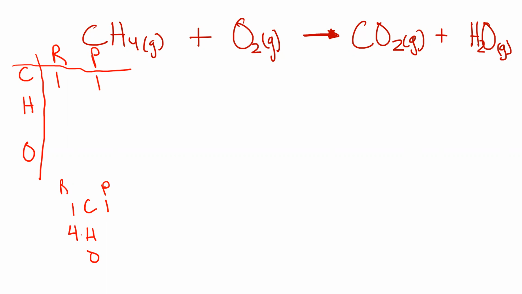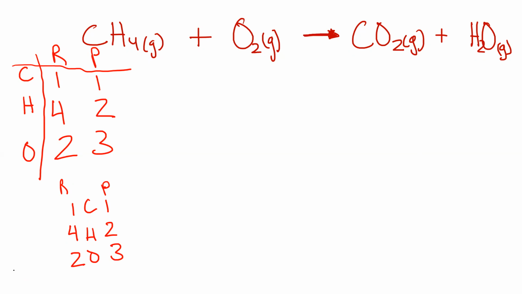So there's 4 there. On the other side, I've got 2. Finally, oxygen. I've got 2 on the reactant side, and I've got 2 plus 1 is 3 on the product side.